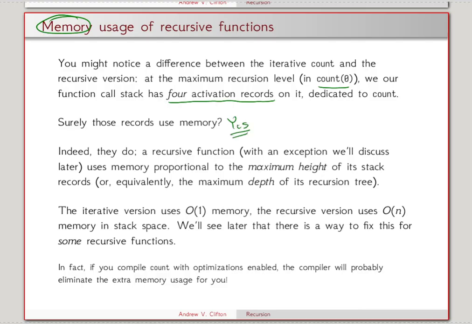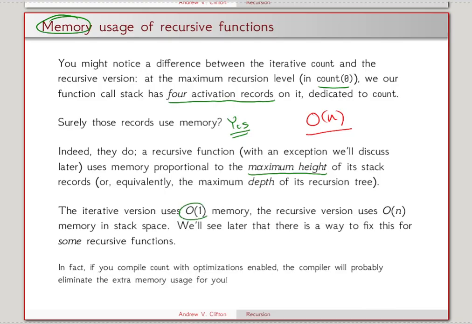So a recursive function will use memory proportional to the maximum height of its stack. So the number of records that get pushed onto the stack at the deepest point all get multiplied by whatever the normal memory usage is. So the memory usage of our count function would in fact be O of n in this case, with an exception that we're going to talk about in a little bit.